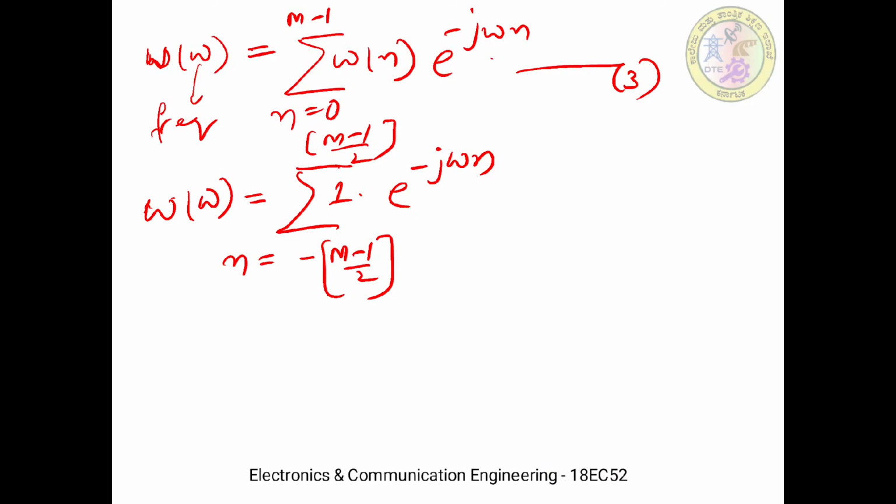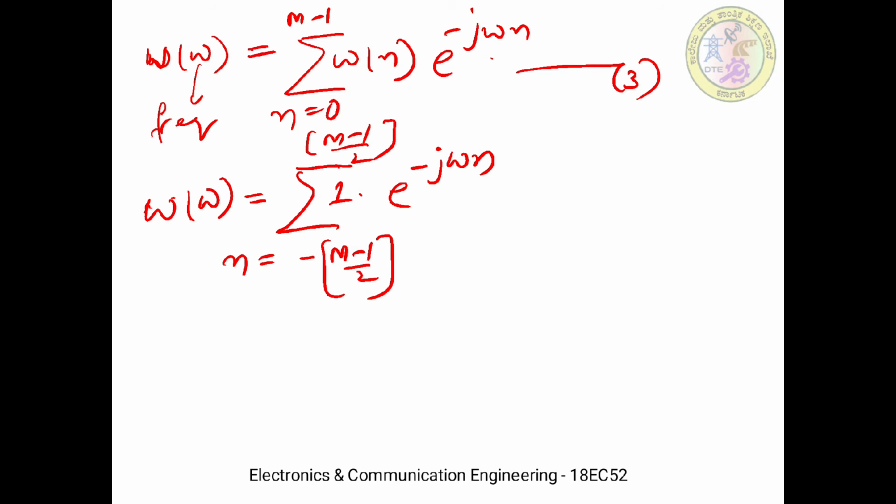So now the summation range is shifted from n equal to 0 to m minus 1 to minus (m minus 1) by 2 to plus (m minus 1) by 2, and in this range the window function value is 1, and this e to the power of minus j omega n remains as it is.